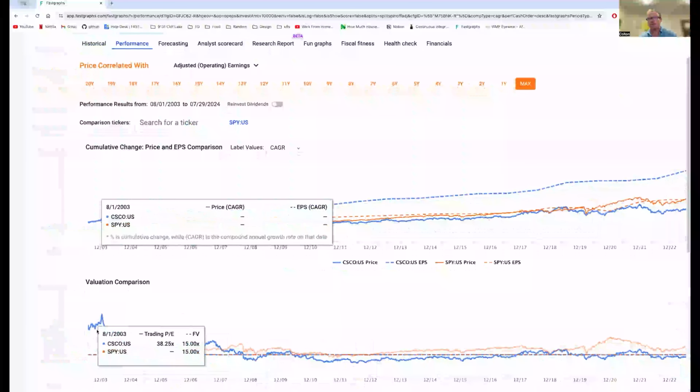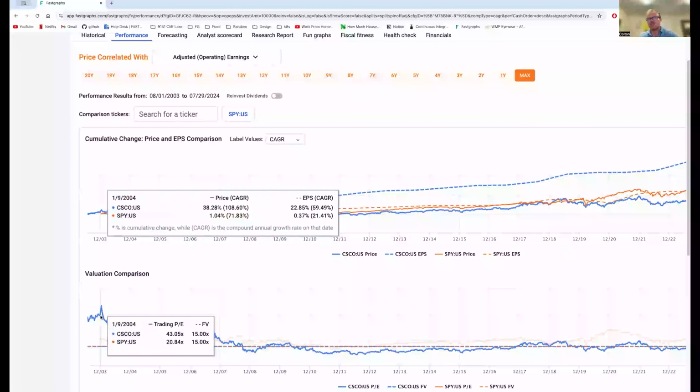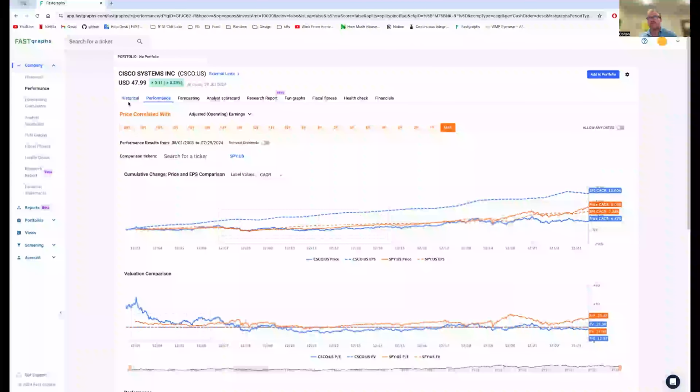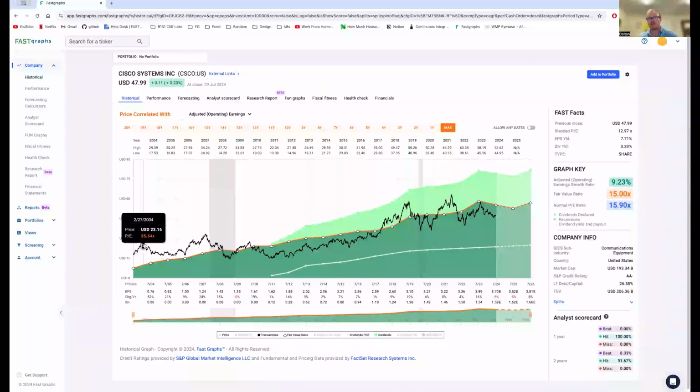Well, it's because Cisco was significantly overvalued back here in 2003, and it's now come down in 2023 and 2024 back to fair value, okay? We can see that on the historical chart. We can see this massive overvaluation, okay?